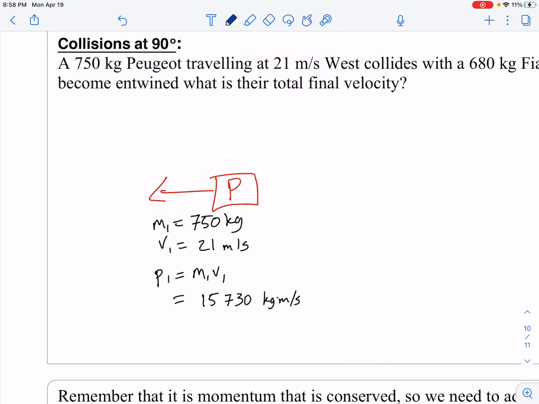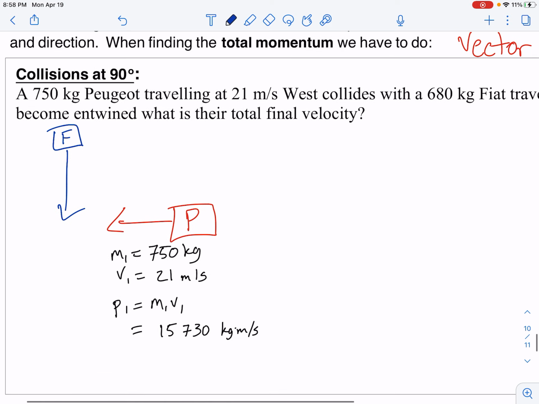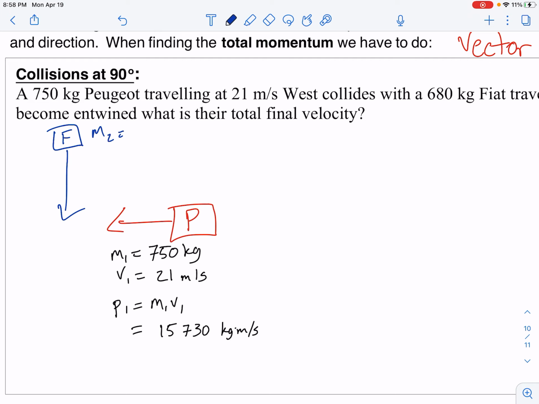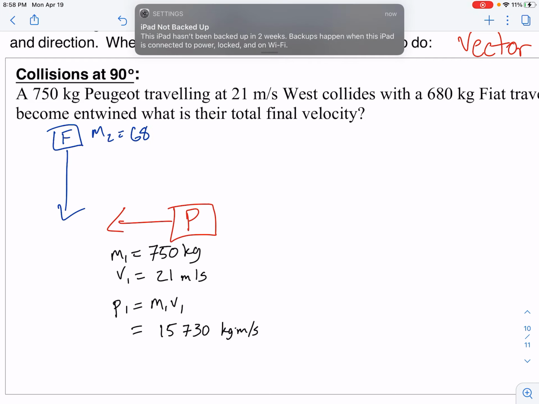Now, we can figure out the momentum, velocity, all that of our second car, our little Fiat. So we have this traveling downwards, or traveling south rather. A few things we know about it. Its mass is 680.